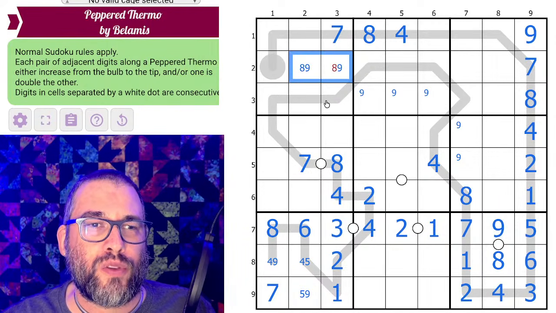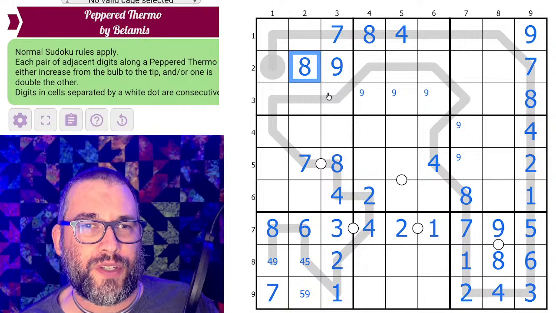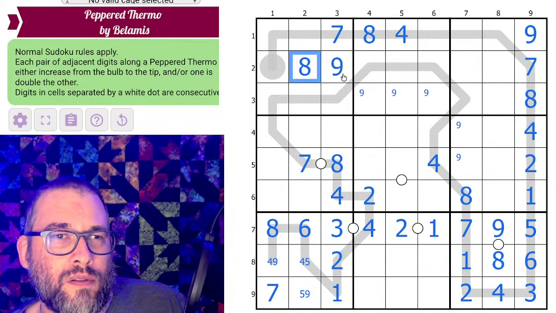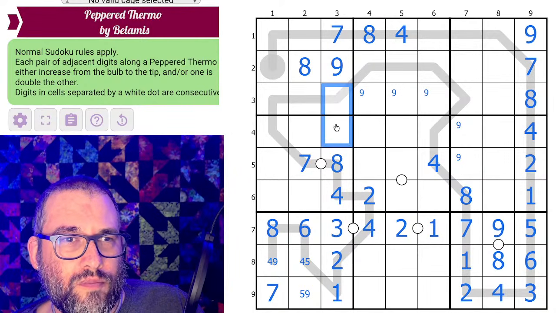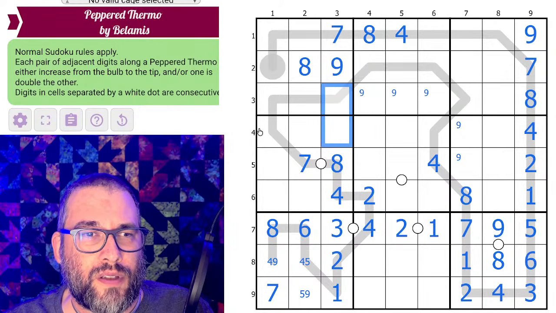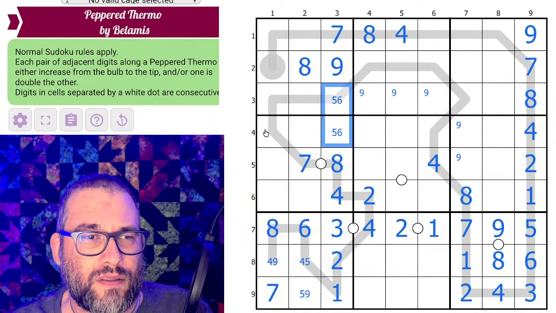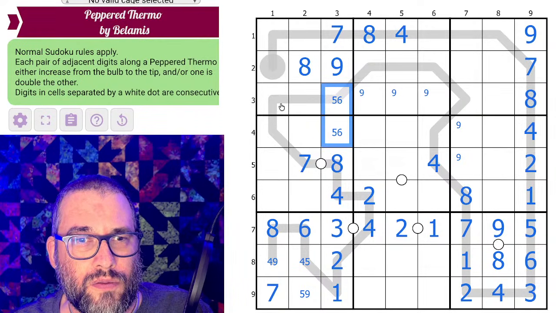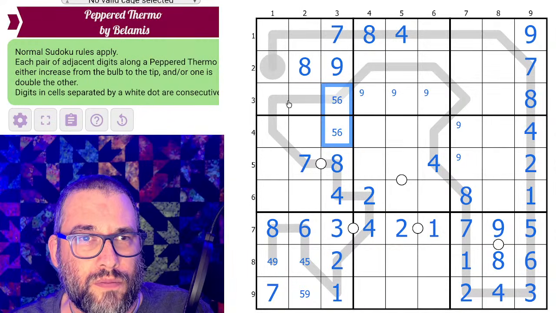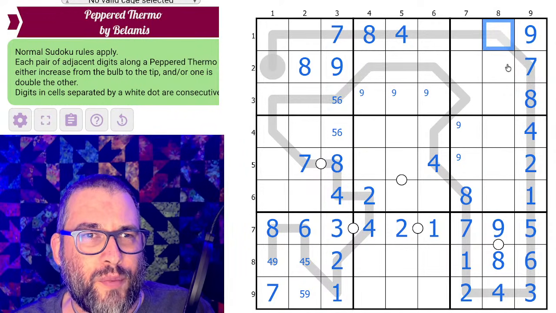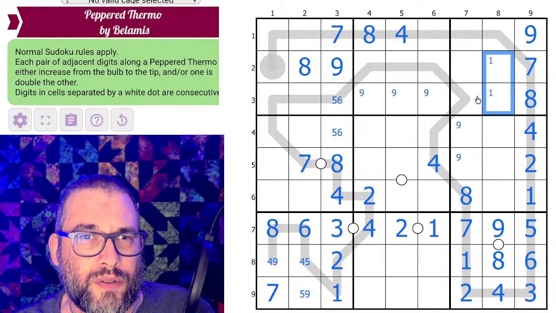Eight in box 1 can only join the 9, and so those are just placed. So what are these? These are 5 and 6. Yeah, I don't think there's any way this is a 1. So 1 is vertical.